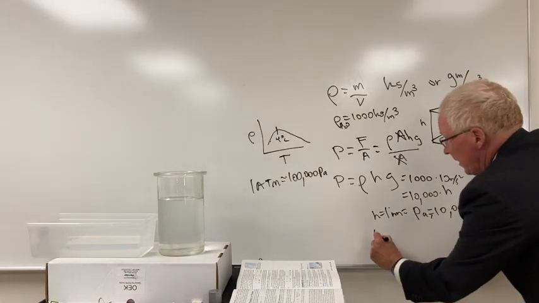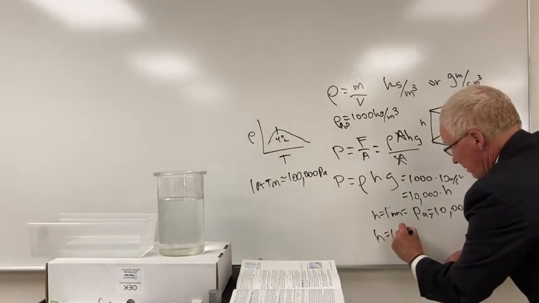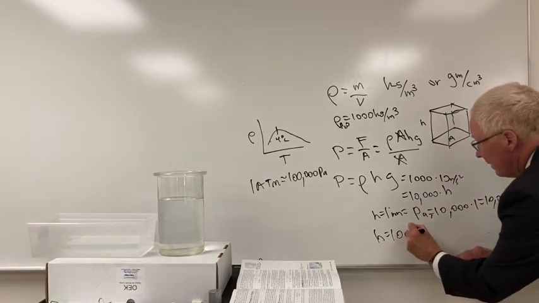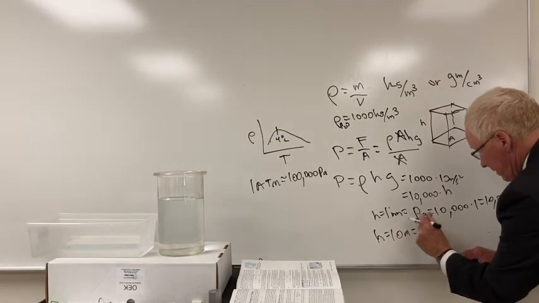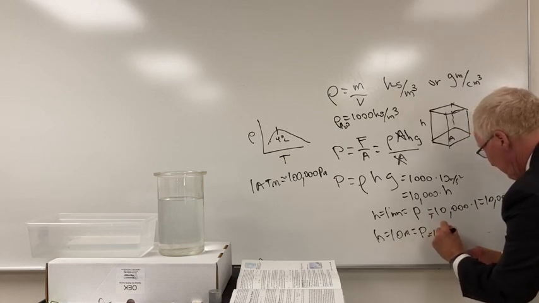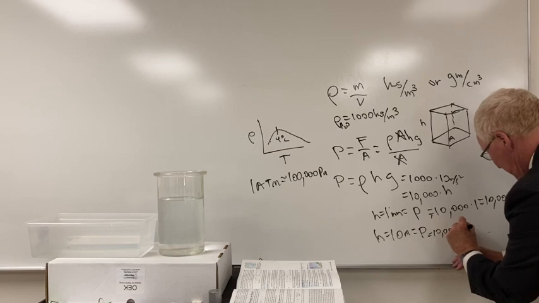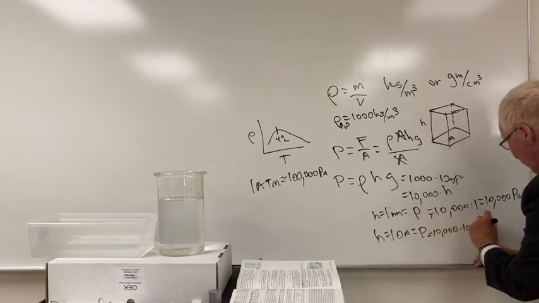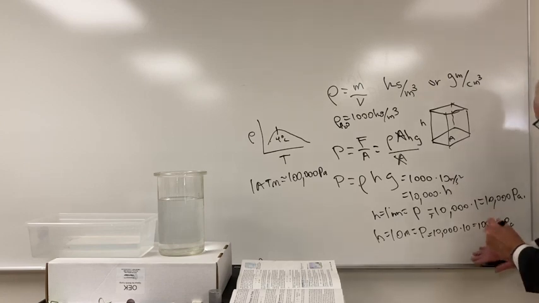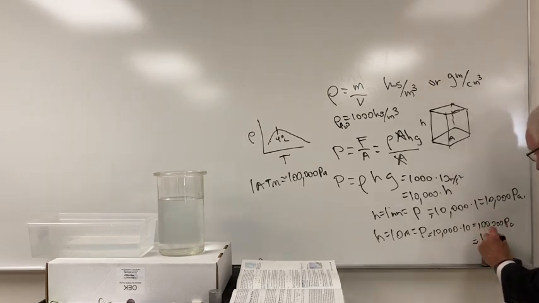If H is 10 meters, or roughly 33 feet, then P will be equal to 10,000 times 10, or 100,000 pascals, or roughly 1 atmosphere.